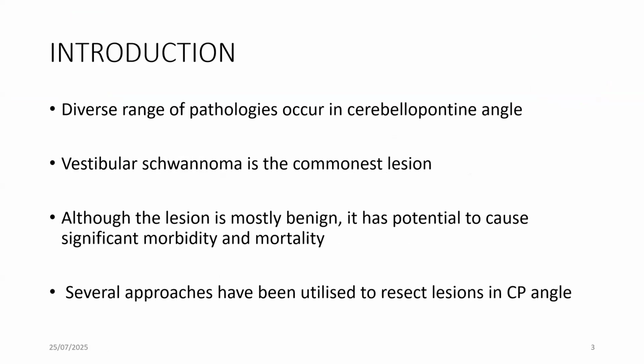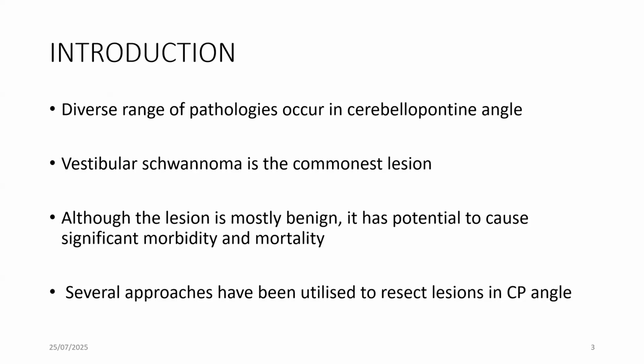A diverse range of pathologies occur in the cerebellopontine angle, ranging from tumors and cysts to vascular lesions. Vestibular schwannoma is the commonest lesion seen in this angle. Although the lesion is mostly benign, it has the potential to cause significant morbidity and mortality.